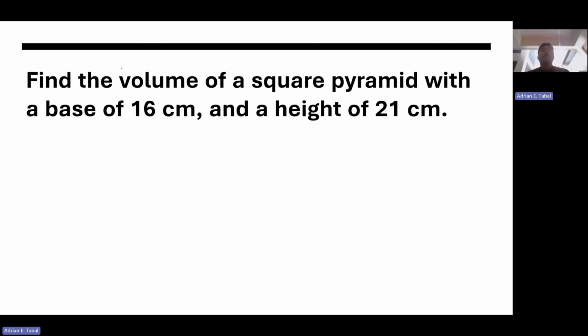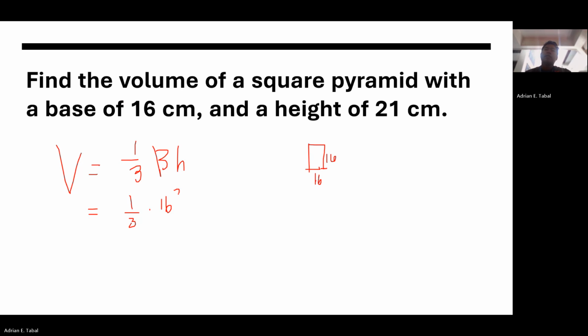If, for example, we are going to find the volume of the square pyramid with a base of 16 centimeters and a height of 21 centimeters. The formula for the volume of the pyramid is one third times the base area times height. So we have one third times the base area. Since this is a square pyramid, if the base is 16, the other side is 16, so the base area is 16 squared, times the height, which is 21.